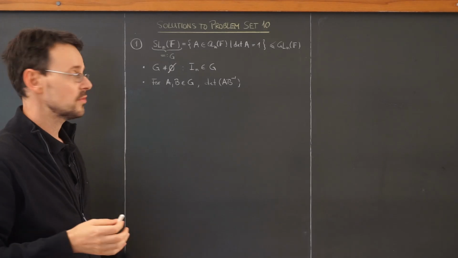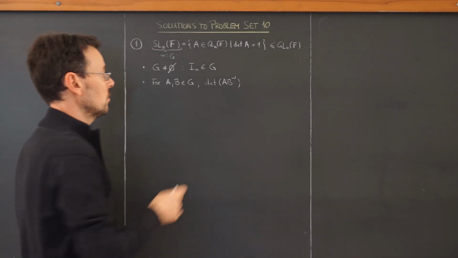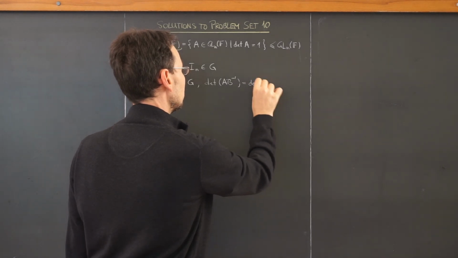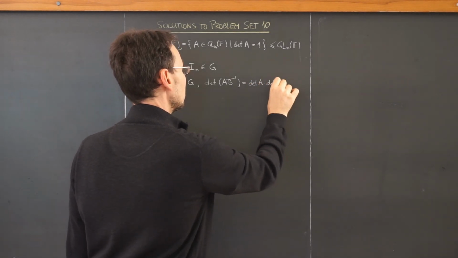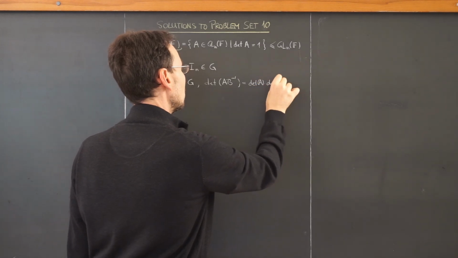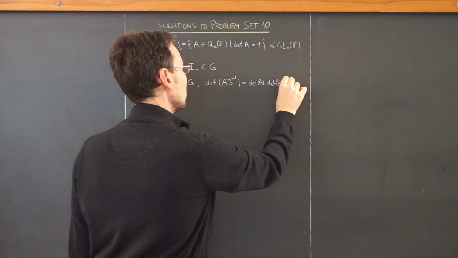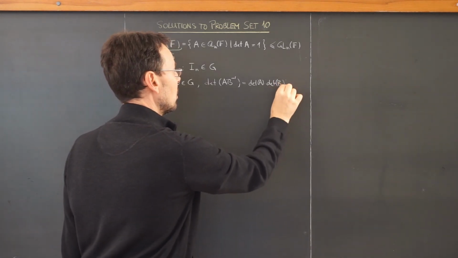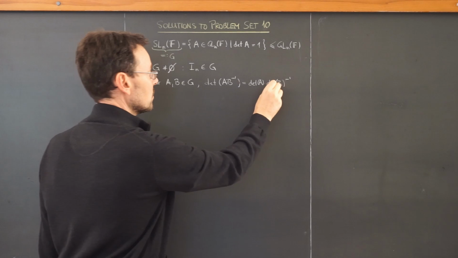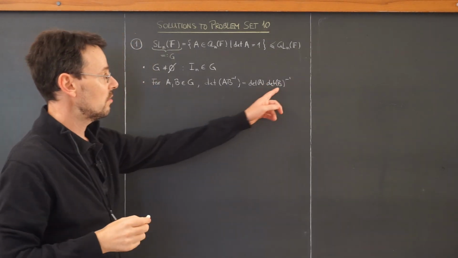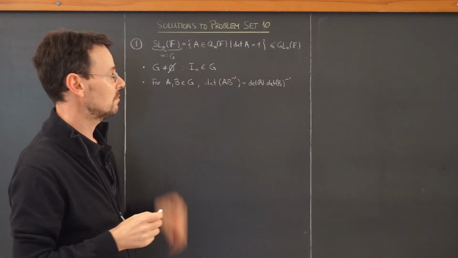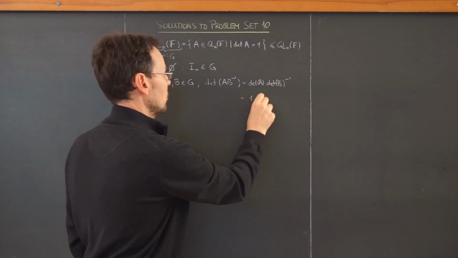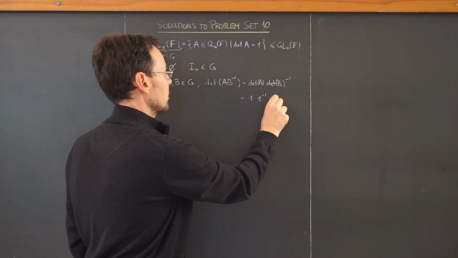And this simply follows from the multiplicativity of the determinant, because this here is the determinant of A times the determinant of B inverse. But this here is the same as the inverse of the determinant of B, the inverse now in the field F. But this is 1 times 1 inverse.